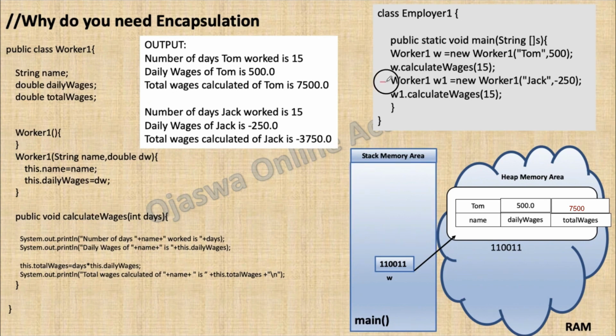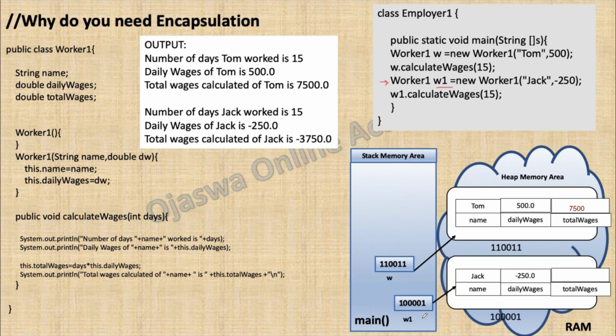Now the next statement executed is we are creating one more object, that is object W1. So memory allocation will happen for the object. As soon as the object is created, an implicit call to the constructor is given. So control of the execution will come to the constructor definition, and we are passing values Jack.